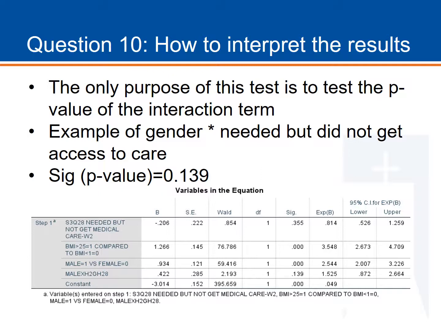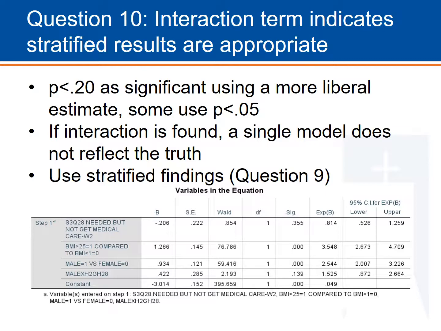In looking at this table, the focus should be on looking at the row of your interaction term and finding the p-value. Look for the column marked SIG for significance. In this case, the p-value is 0.139. It would not meet the 0.05 criteria, but it meets a less stringent 0.20 cutoff. Here, we say the interaction term was significant at the 0.20 level.